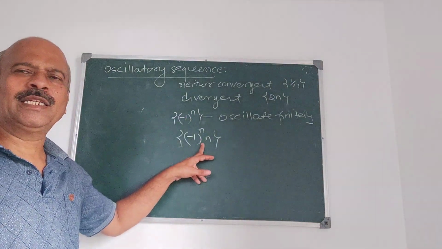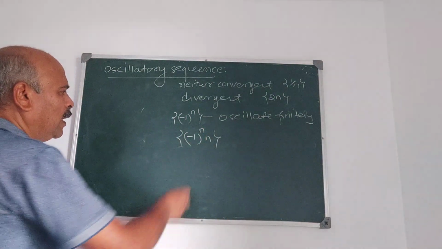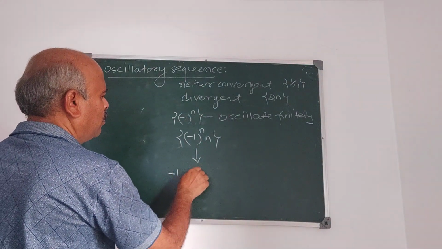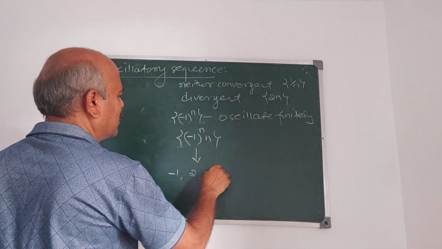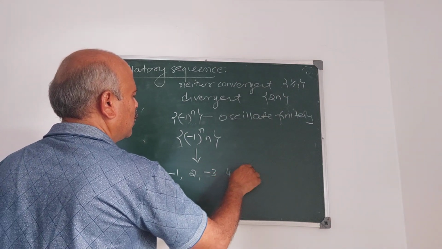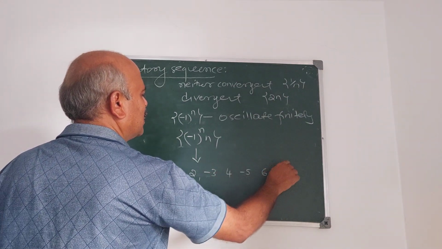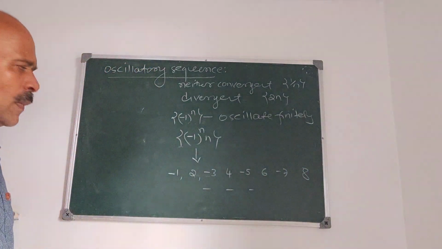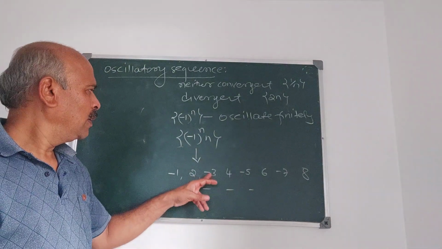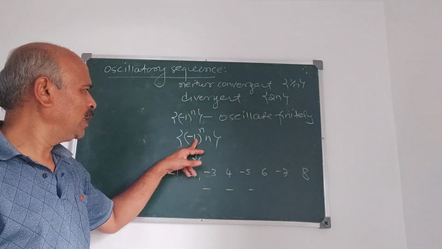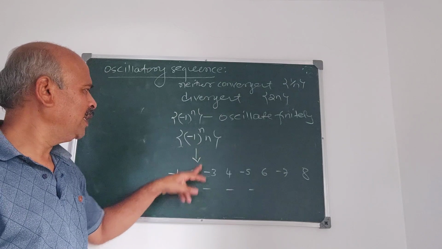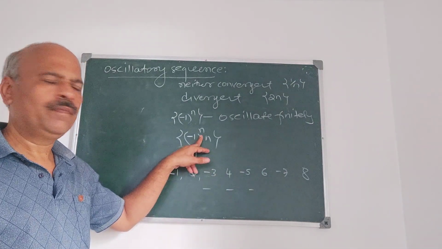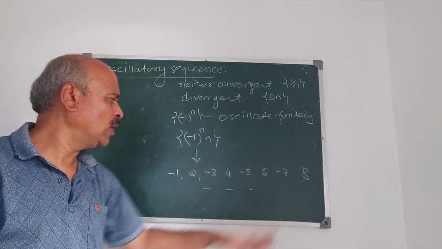See this sequence, minus 1 raised to n into n. I write the terms of the sequence here. It is minus 1 plus 2 minus 3 plus 4 minus 5 plus 6 minus 7 plus 8, and so on. See here, when n is 1, you get minus 1, n is 2, you get plus 2, n is 3, minus 3, n is 4, plus 4, and so on.